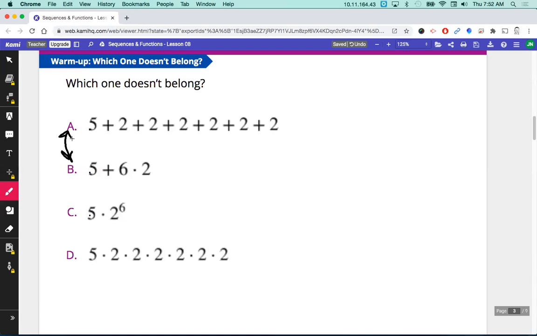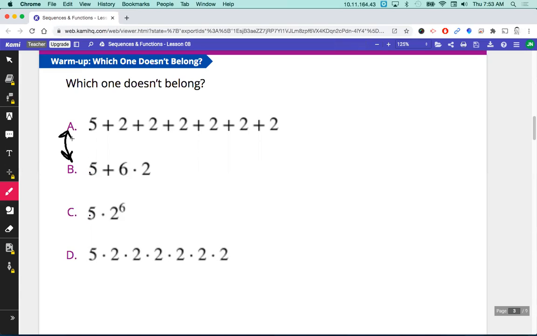Because 6 times 2 is the same thing as adding 6 2s. 6 times 2 is 12. 2 plus 2 plus 2 plus 2 plus 2 plus 2 is also 12. So these two things end up being equivalent to one another.